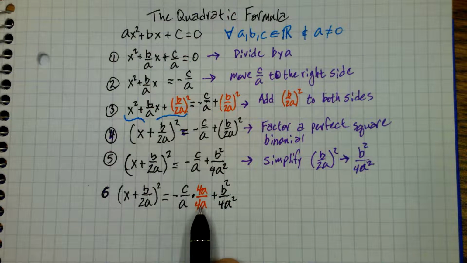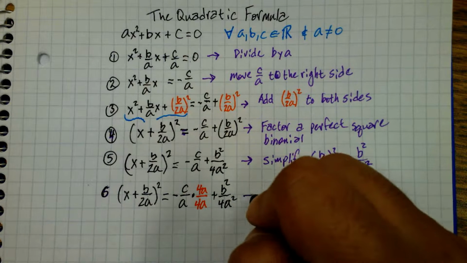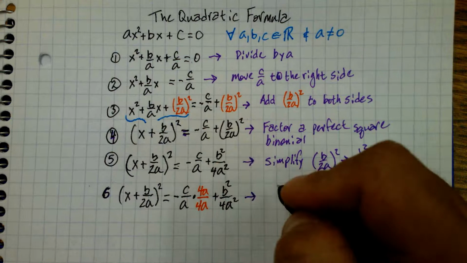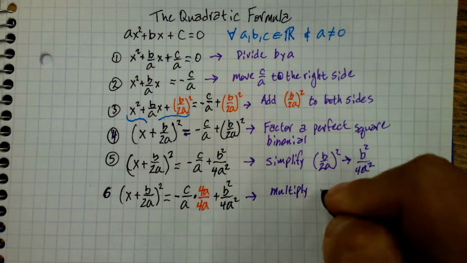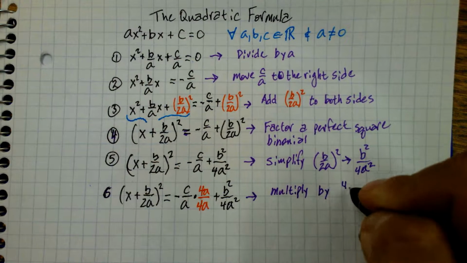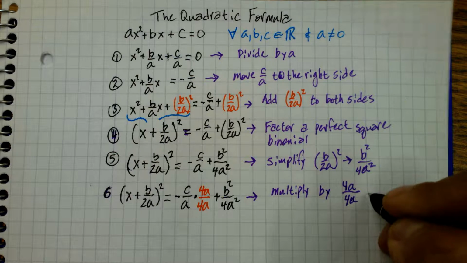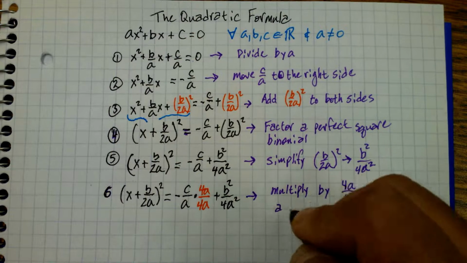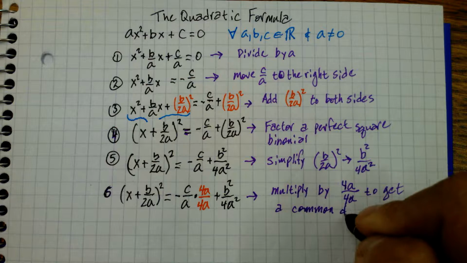And the reason we're doing this is we want a common denominator. So multiply by 4a over 4a to get a common denominator.